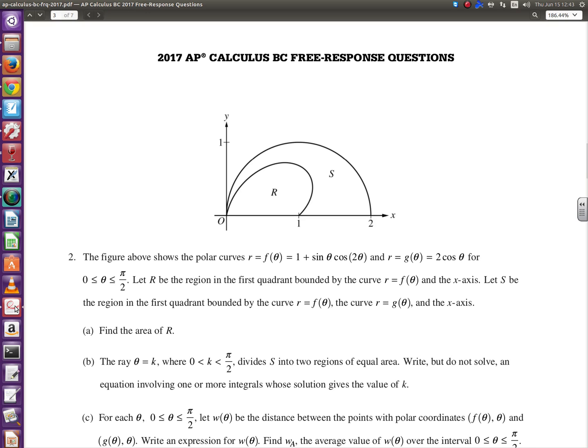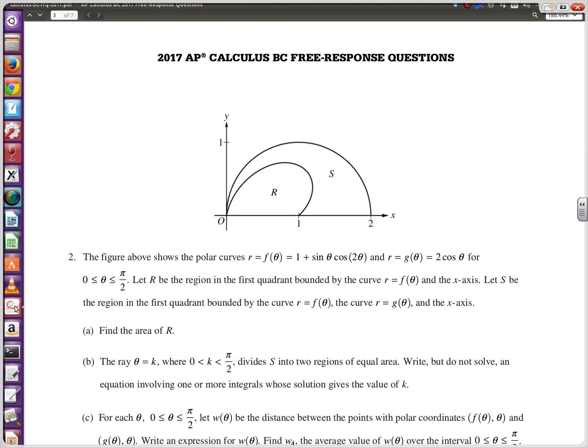Can I get an ink layer out of this? Give me an ink layer, go, yes. All right, so they want a ray, which is theta equals a constant, so say theta is pi over 4 radians, let's say. So if theta equals k, and k is pi over 4 radians, roughly, or maybe it's pi over 3 radians, whatever it is.